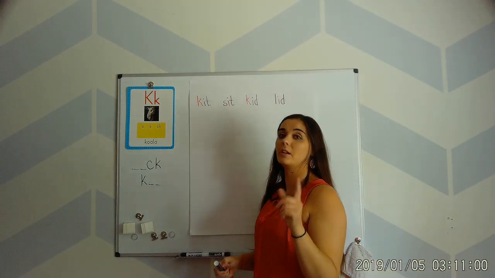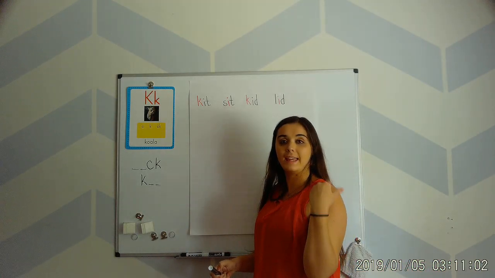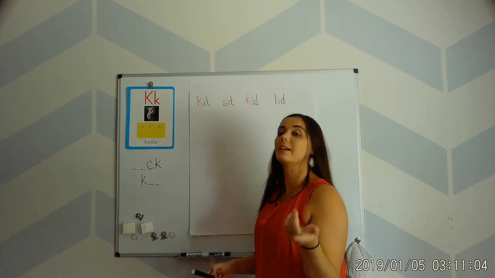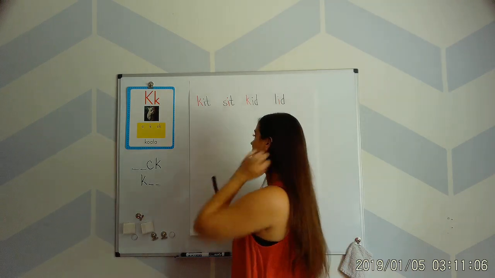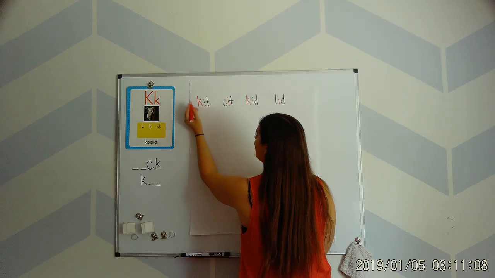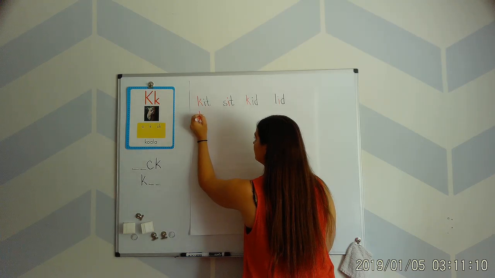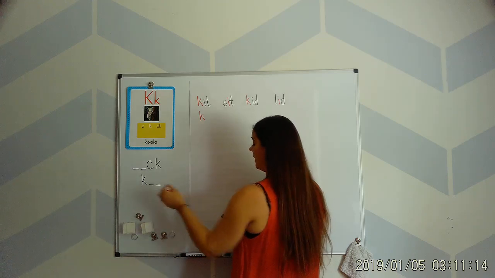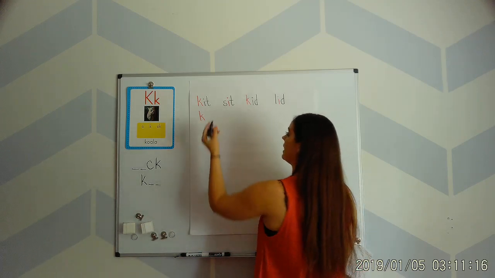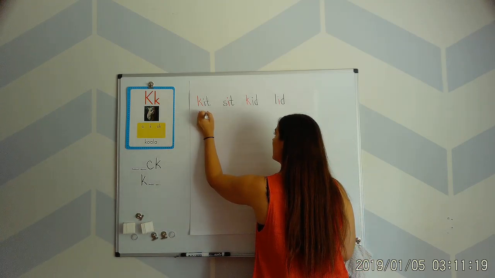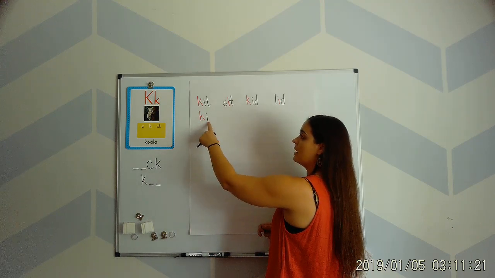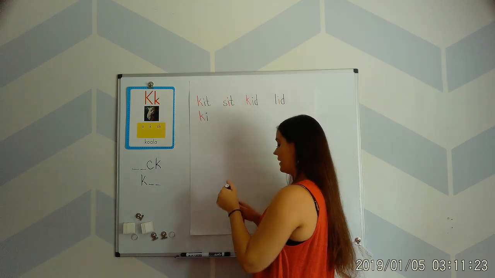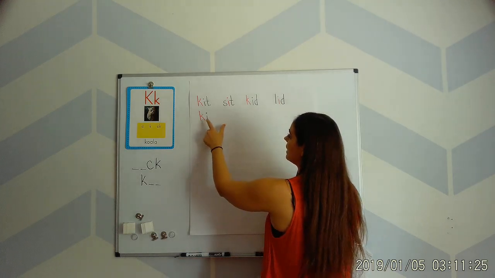Kick, your turn. Ka, i, k, kick. Right, so at the beginning, I hear that ka. And since it's at the beginning of a word, it's going to be spelled with that K. And then I hear i, and that's an I. So ka, i. And then ka, i, k.